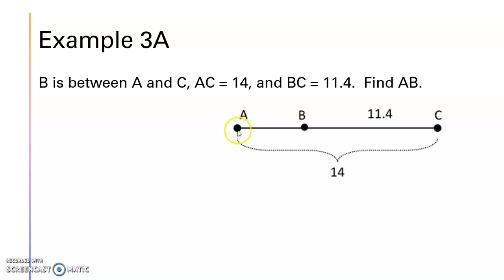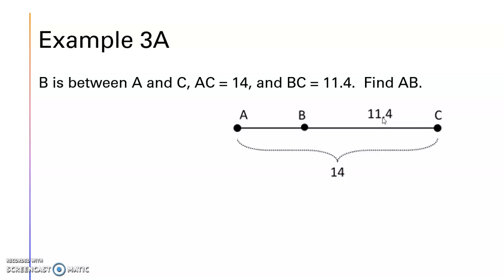In this diagram, I put A and C at the ends of the segment and B in between them because they said B is between A and C. Then I labeled my measurements. AC is 14 and BC is 11.4.